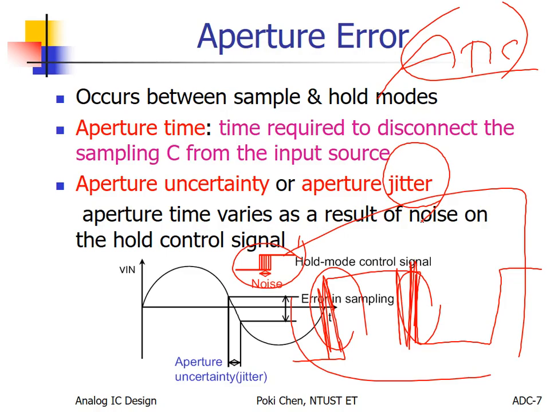According to noise, the rising edge and the falling edge cannot be exactly the same for the first cycle, second cycle, third cycle. Forget about it. According to noise, it will be pushed a little bit earlier, a little bit later. So you have what is so-called jitter, 抖动.